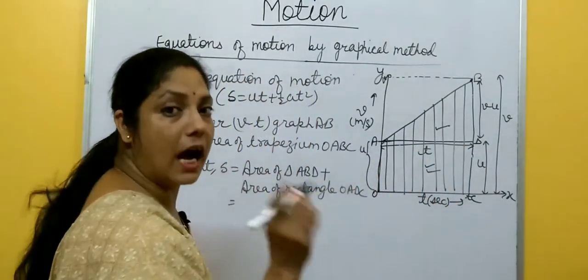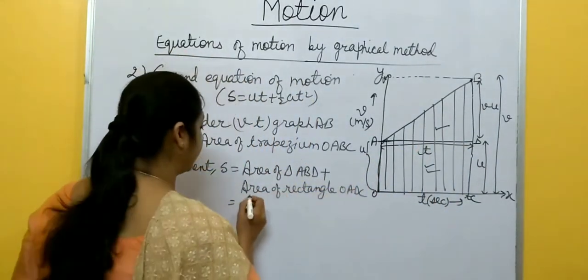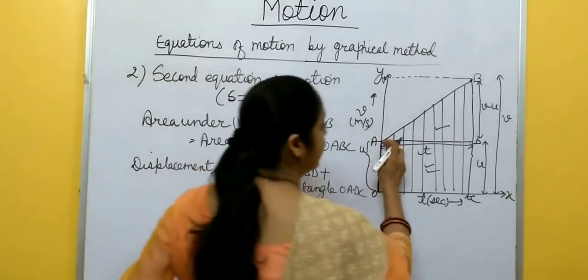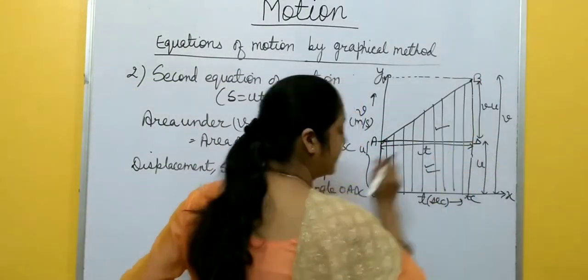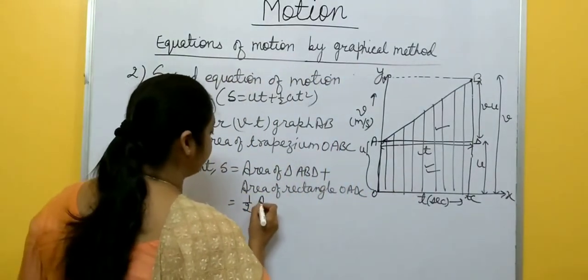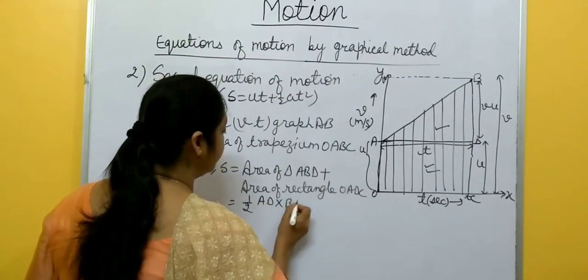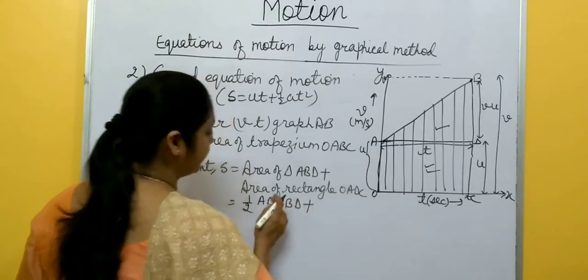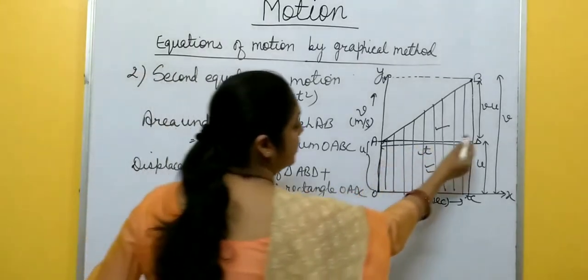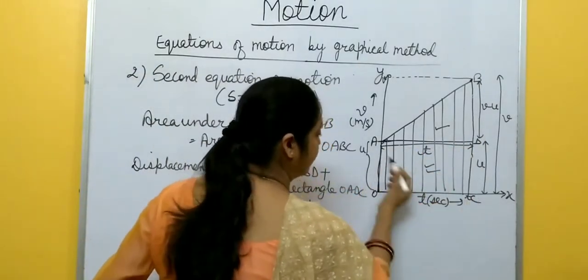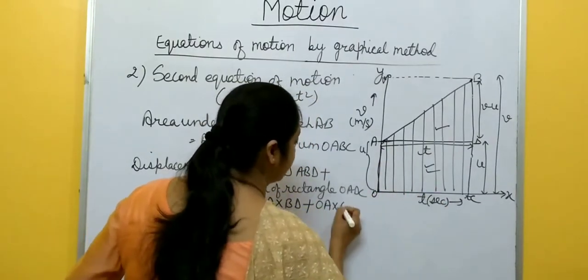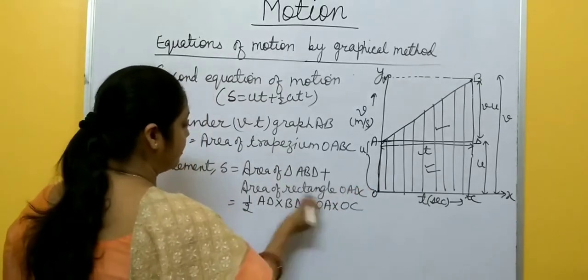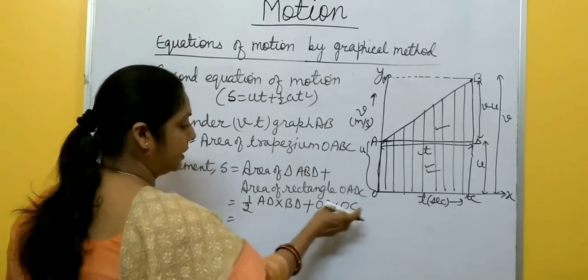And you know that area of triangle ABD is what? Area of triangle is half base into height. So half, what is base here? In ABD, AD is the base and BD is the height. So half AD into BD plus area of rectangle, this one, length into breadth, it means OA into OC. Okay, you put the values of AD, BD, everything.